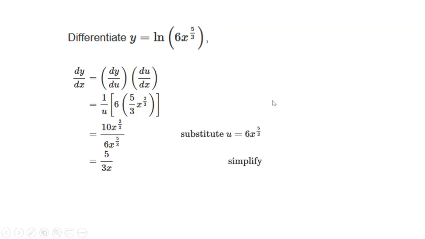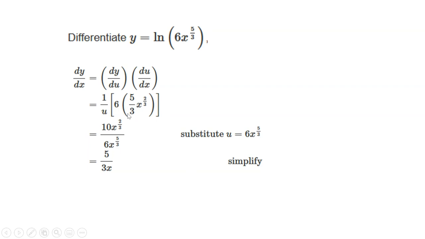All right, let's go through the steps here. The dy dx is 1 over u, so 1 over this thing multiplied by the derivative of the inside function. Here's the inside function right there. So if you put the u, which is 6x to the 5 over 3, that would be this thing here.